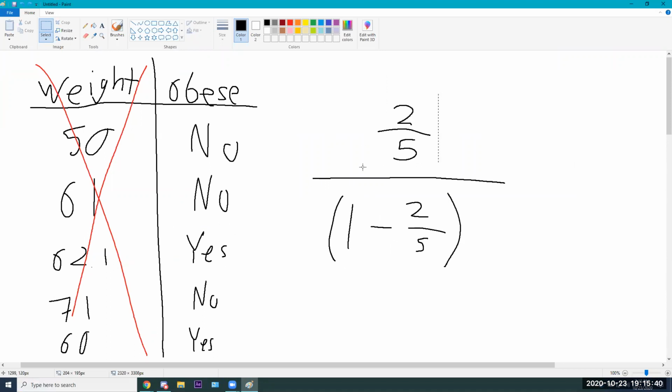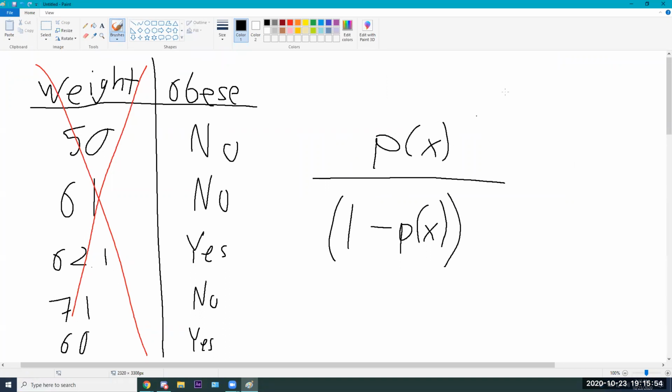So let's just replace these numerical inputs with variables: P of X over 1 minus P of X. Whatever probability you're trying to predict, this is getting the odds of that probability given a binomial distribution. This is the formula.